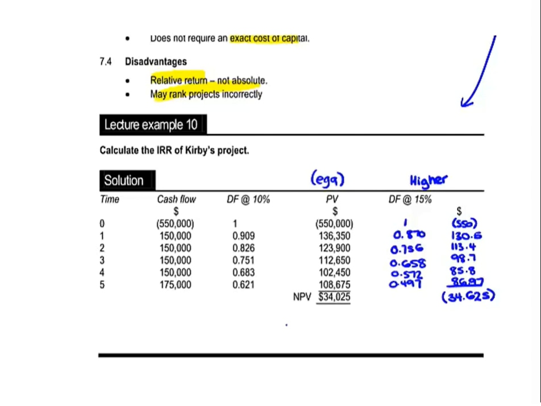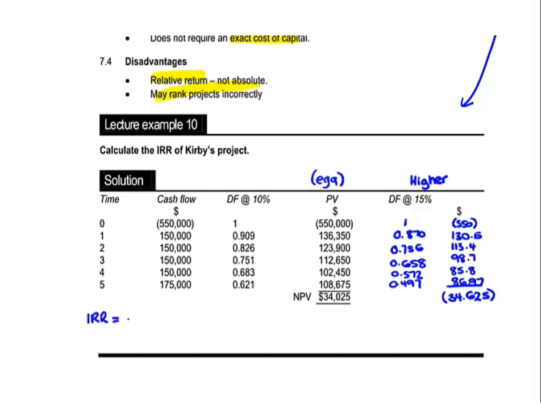With IRRs, it's always a good idea to think about your answer before you plug it into that formula. So the NPV is positive at 10% for 34,000 and it's negative 34,000 at 15%. So we have an expectation, hopefully, that the IRR will lie somewhere between the two and somewhere very close to the middle, about 12.5%. Let's pop it into the formula then.